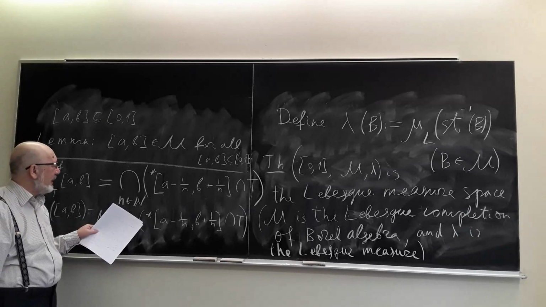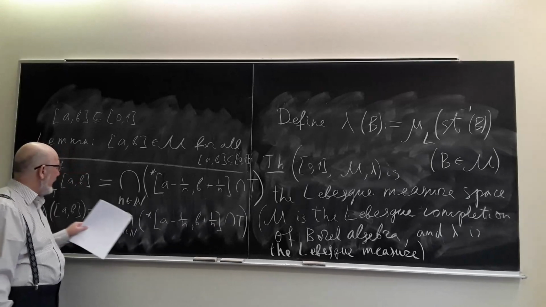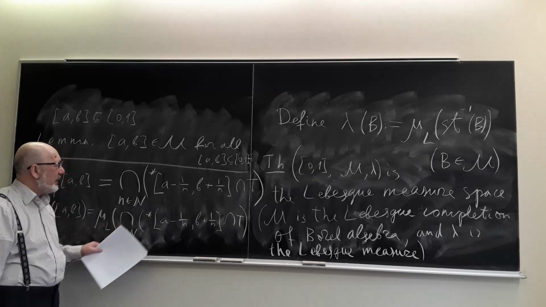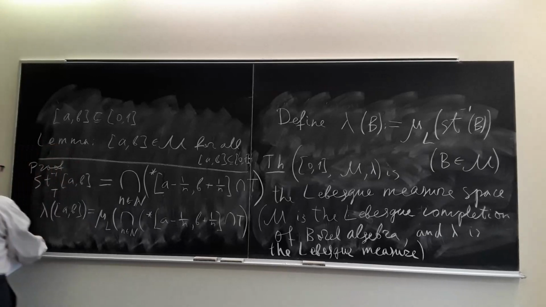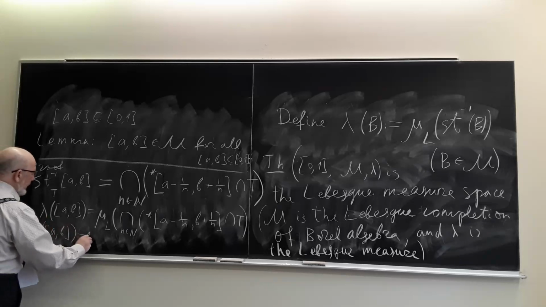This measure is the limit, when n goes to infinity, simply b minus a. So lambda of [a,b] is simply b minus a.